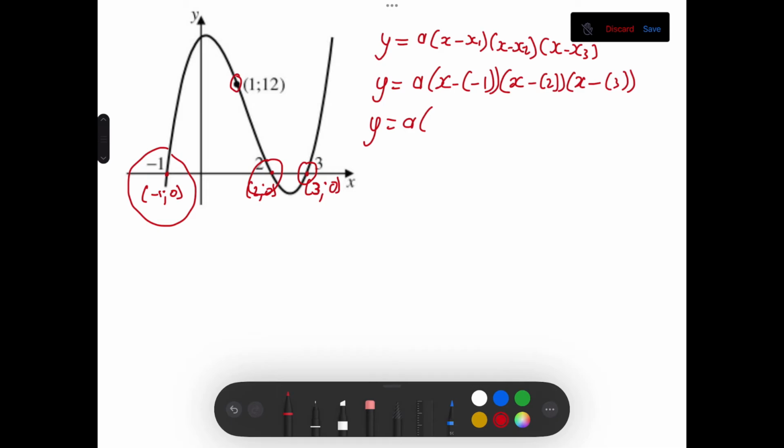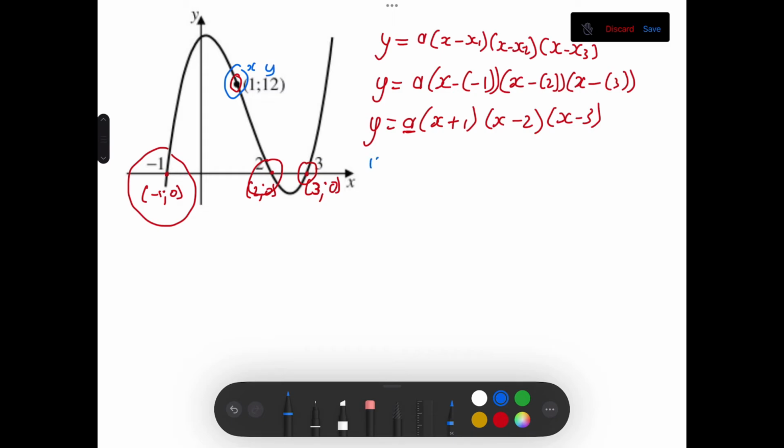So a bracket x plus 1, x minus 2, and then x minus 3. So now we have a function in the form that we have in front of us, but now we need to solve a first. So we're going to use the extra point we have to solve the value of a.